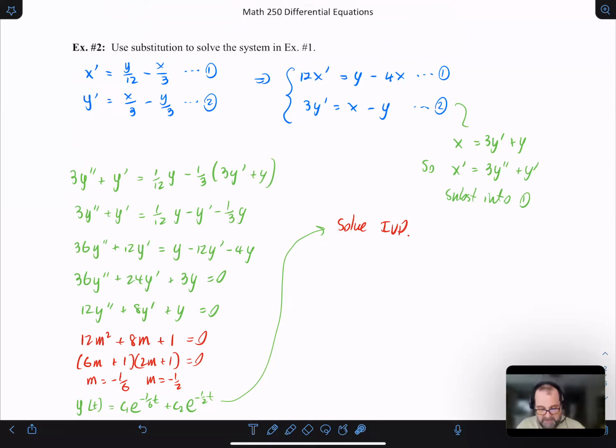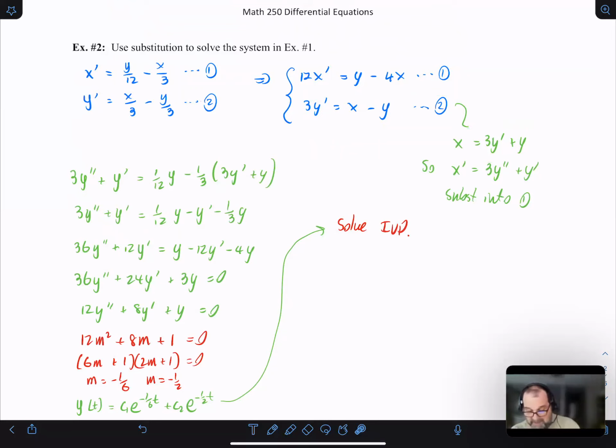But again, the logic here would be as follows. In order to solve something like this, I'm probably better off clearing out the fractions here. So I multiplied equation 1 through by 12. I multiplied equation 2 through by 3. And so my system could be transformed into a system like this. In this particular case, I was actually able to set up a substitution, because if you look at equation number 2 here, it is actually possible to solve equation number 2 for x.